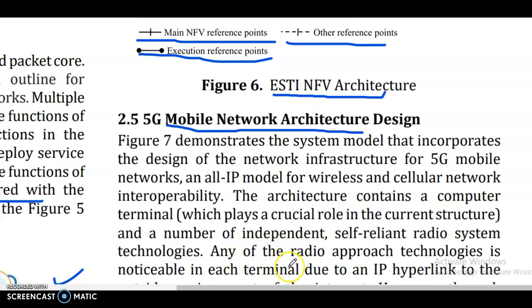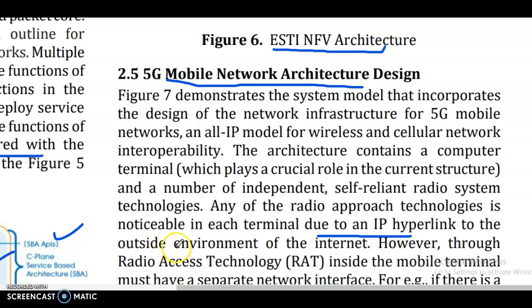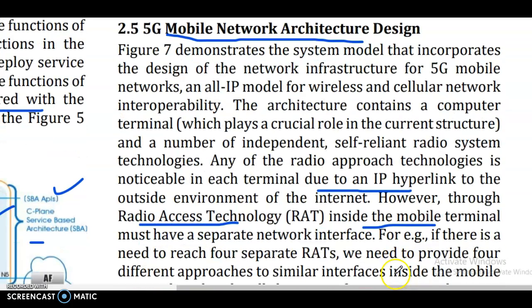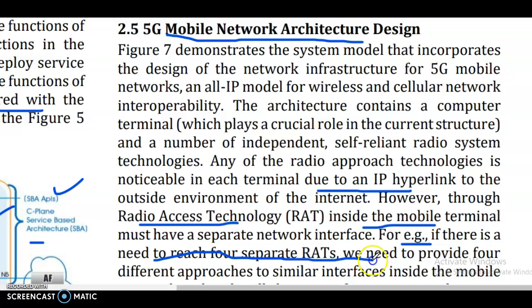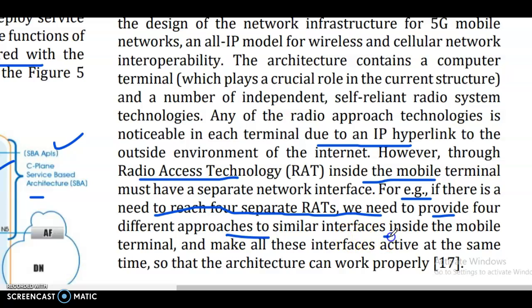Any of the radio access technologies is noticeable in each terminal due to an IP link to the outside environment of the internet. However, each radio access technology, RAT, inside the mobile terminal must have a separate network interface. For example, if there is a need to reach 4 separate RATs, we need to provide 4 different interfaces inside the mobile terminal and make all these interfaces active at the same time so that the architecture can work properly.